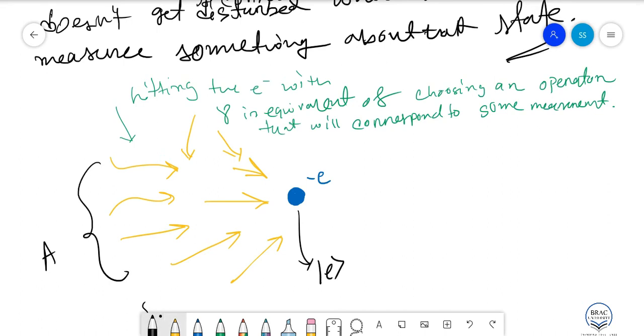So if you want to measure this electron's position, what you do is hit it with light, and the electron, let's say, absorbs the light, goes to the excited level and drops down, and assuming that this absorption and radiation time is negligible, you just calculate the time difference.